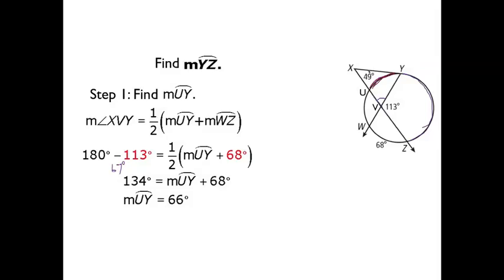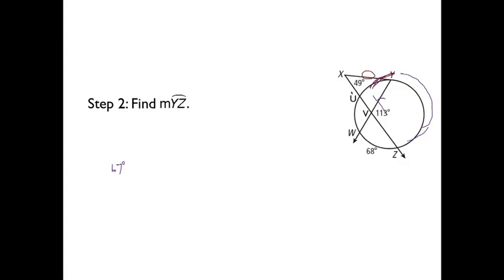Well, the 49 out here is going to be 1/2 of the difference between YZ, what I'm actually looking for, and UY, which I just found to be 66 degrees. So my setup now is to just subtract those two numbers and take half of it.